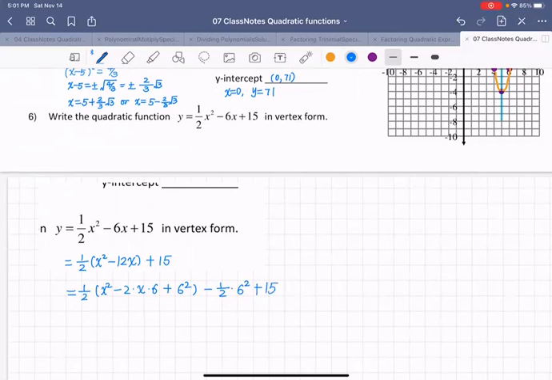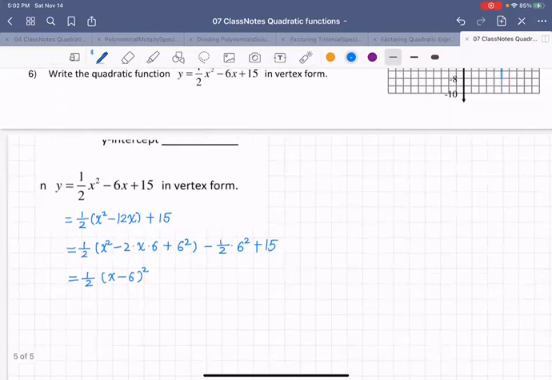So that equals 1/2 times (x minus 6) squared, then minus 18 plus 15, which is minus 3. This guy is 36, and then negative 18. Good.